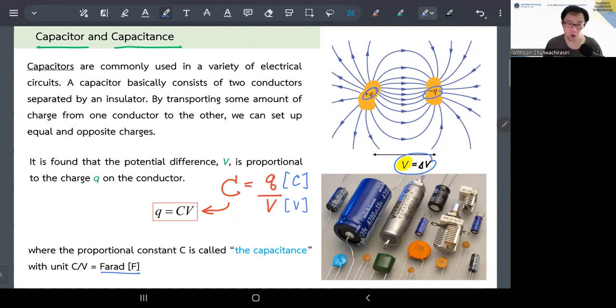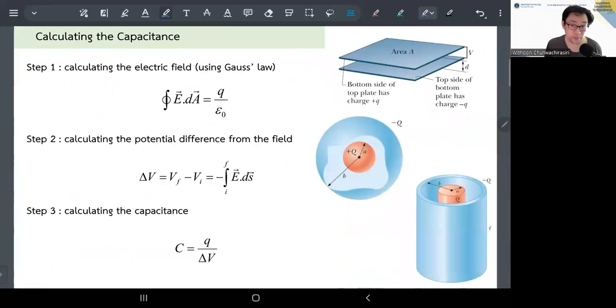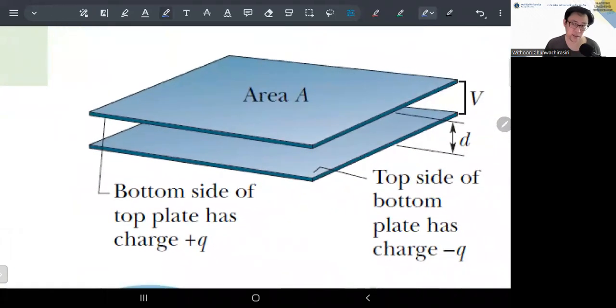Okay, already. So with that in mind, now let's take a look at the simplest type of the capacitor. So what can we build that thing? So the easiest way is probably this. You need a material that can move charge around easily, and so mostly are metal, conductor, whatever, that can allow charge to move.